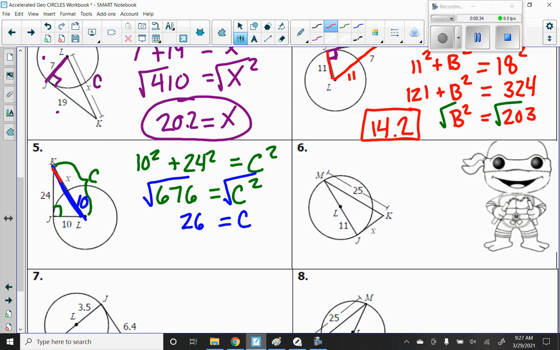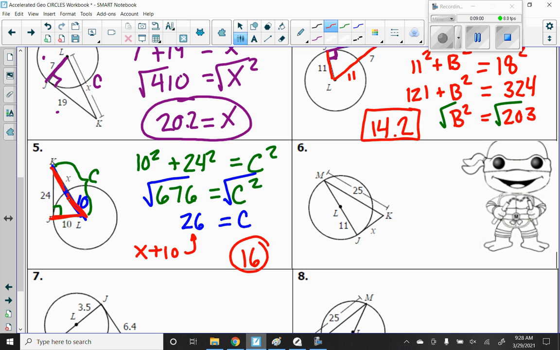So X is now this red portion. So what you should be seeing now is X plus 10 equals 26. So X is 16. Remember, this is a radius. This is a radius. They have to be the same.